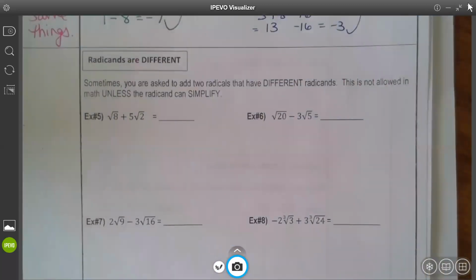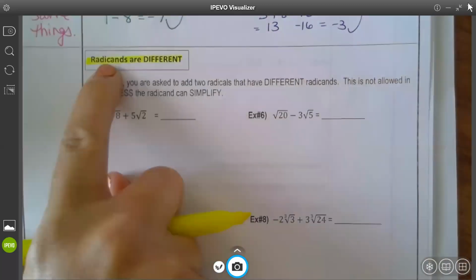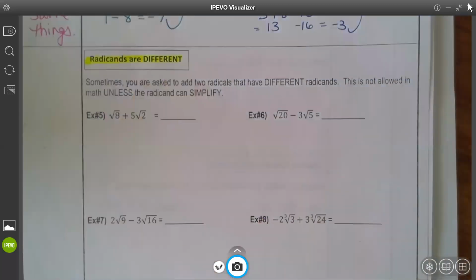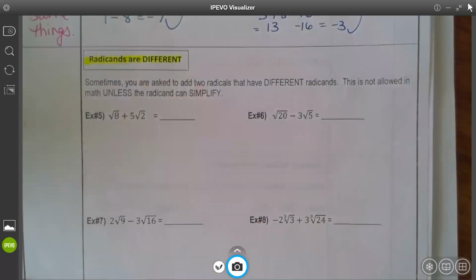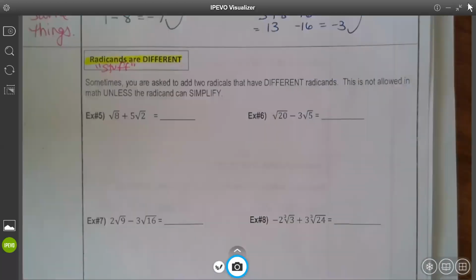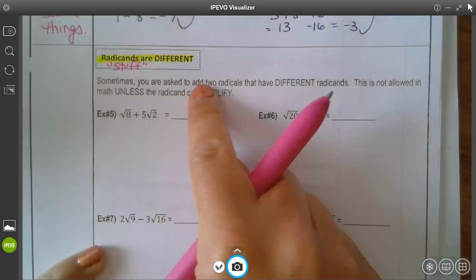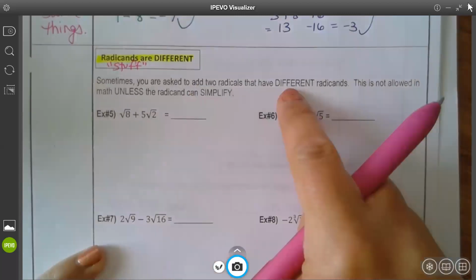All right, let's take it to the next level. So what about when the stuff is different? The root is going to be the same, but what happens when the stuff is different? Sometimes you are asked to add 2 radicals that have different radicands. That's the stuff.